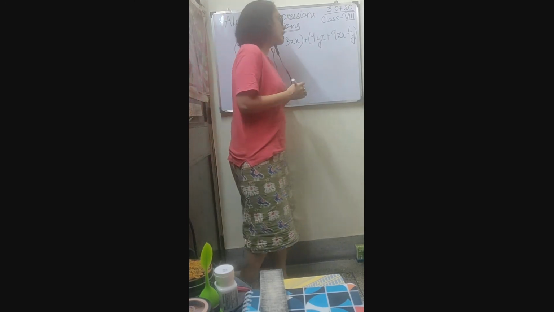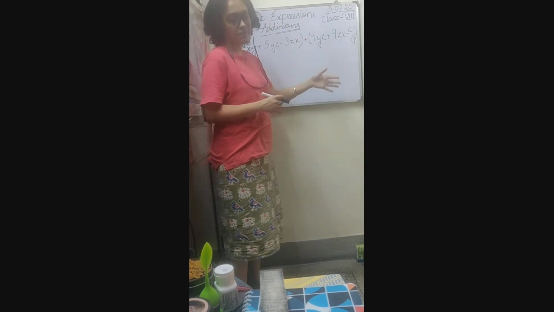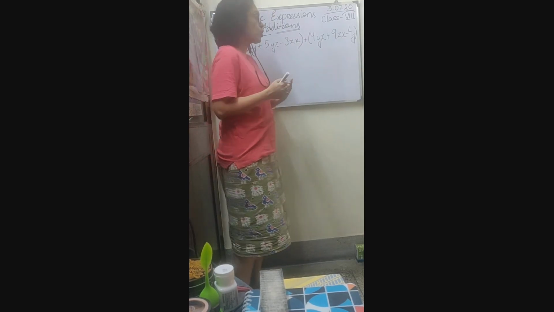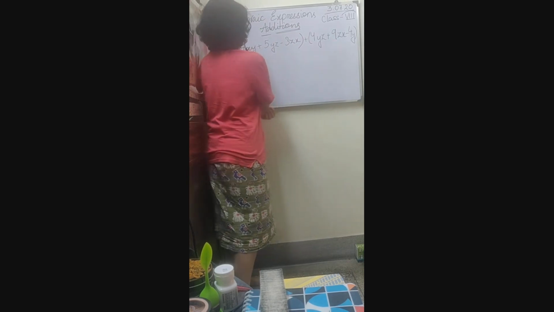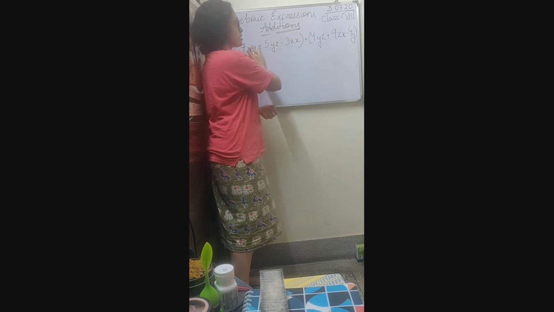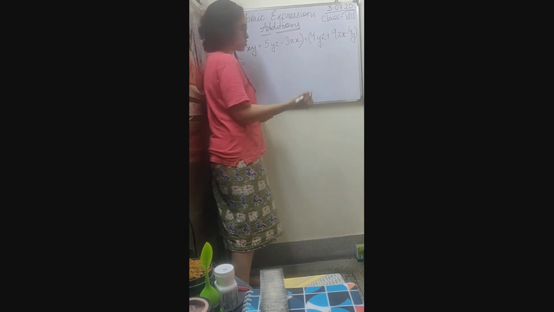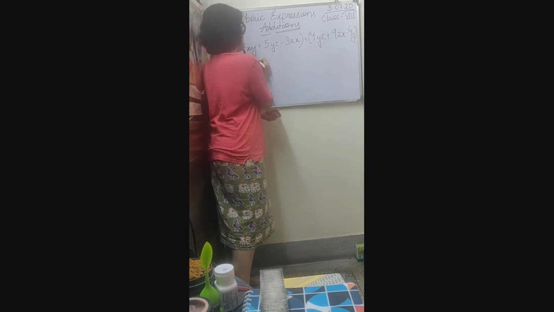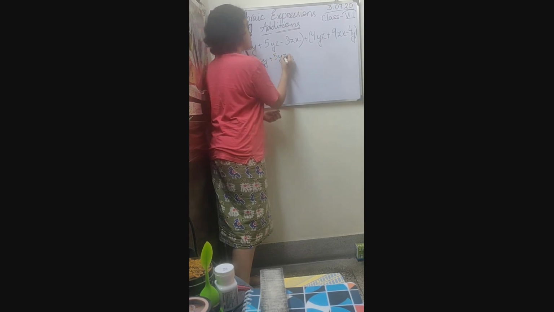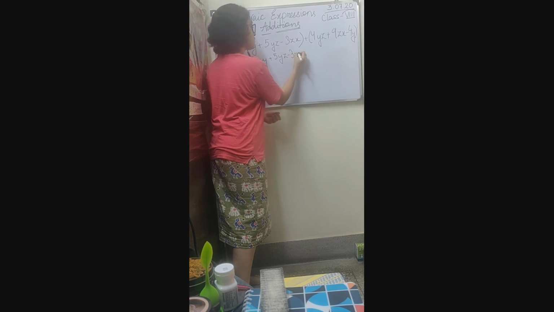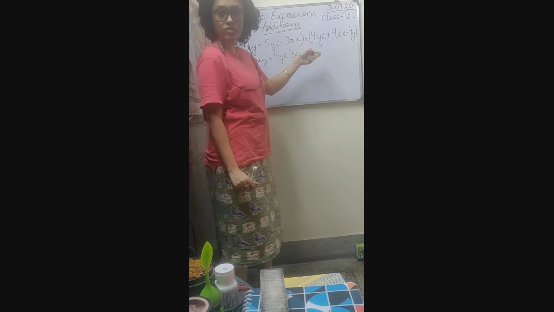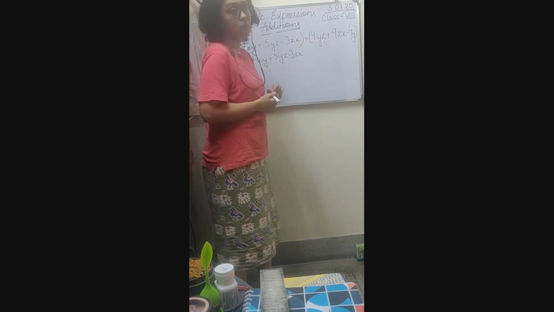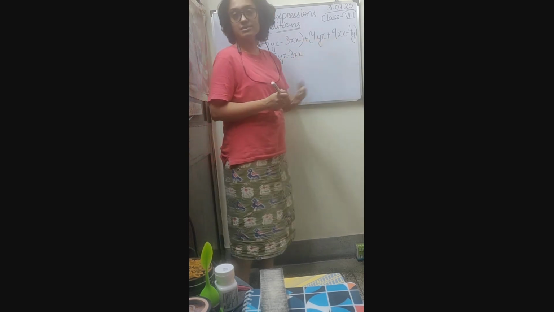In this horizontal method, what we do first is remove the brackets. So let us start. This algebraic expression is not going to change at all, we'll write 7xy plus 5yz minus 3zx. As there is a plus sign before the bracket, there won't be any change on this side either.